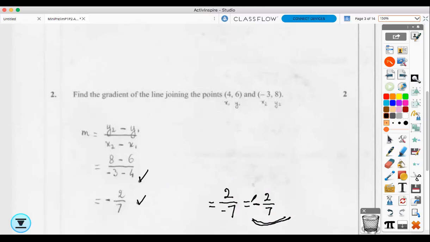You can do all your work before, but when you finish, if it ends up with a negative, whether it's negative at the top or negative at the bottom, get into that good habit of finishing it off by writing negative in front of the fraction 2/7, just in case you get a very annoyed marker, a marker that is very pedantic, and he might not give you the full mark.